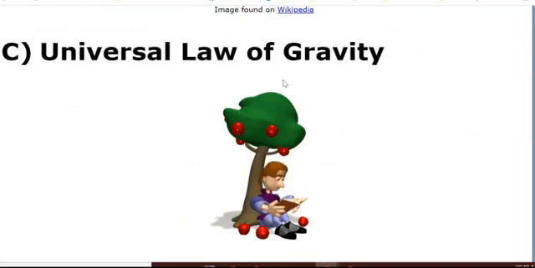Now you're so modern, you think, okay, big deal, it's a universal law. This blew people's minds. When Newton proposed this law of gravity, it was a law that was true here on Earth and out there in the heavens. Why did that blow people away at the time? Because you're modern people, and when you look up at the heavens and I tell you that all the elements that we have here are out there, you're not impressed.